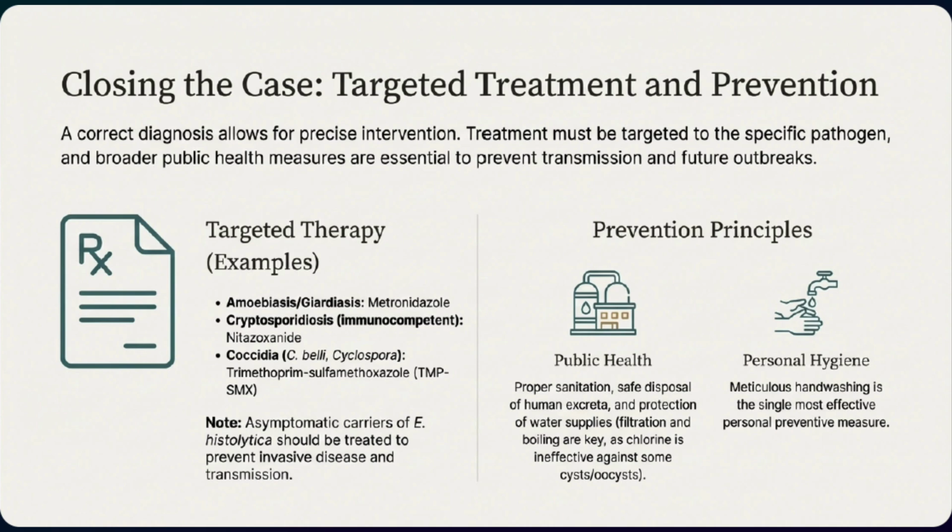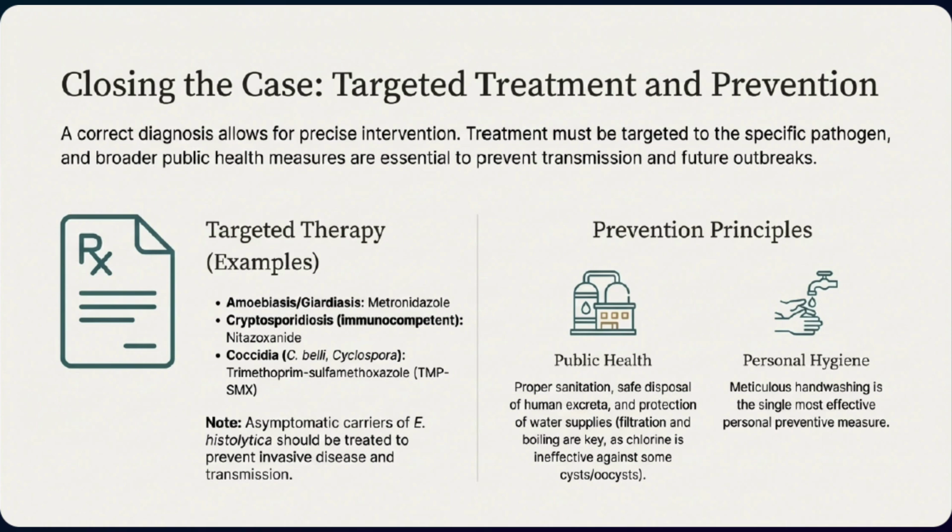All right, so closing up, again, targeted treatment and prevention. The correct diagnosis allows for precise intervention. Treatment must be targeted to the specific pathogen, and broader public health measures are often essential to prevent transmission and future outbreaks, because contamination can very easily happen within a family or within a daycare center. Transmission is very easy by the fecal-oral route.